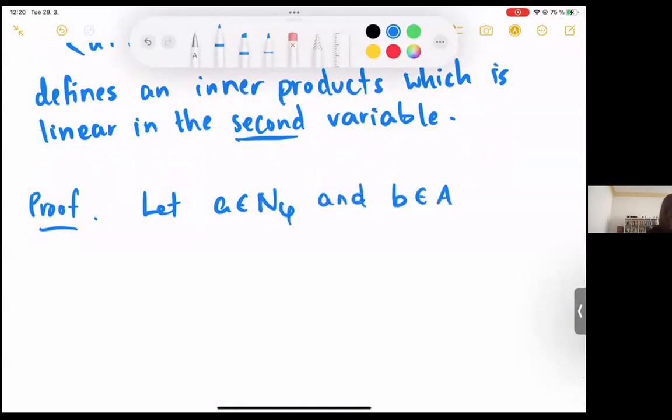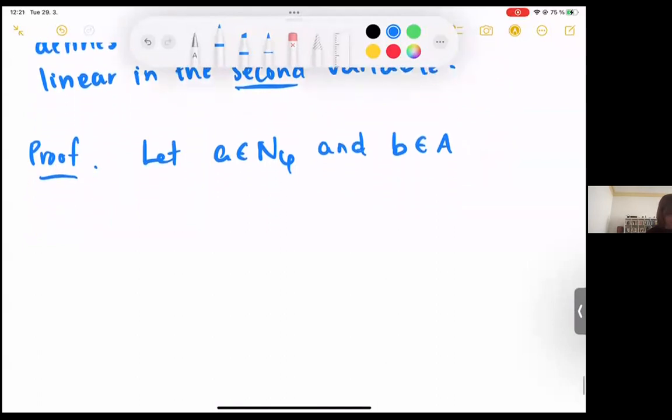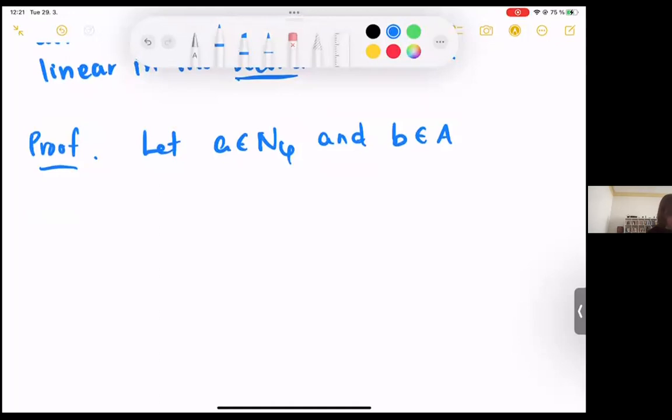So we need to show that for B in A, okay, left ideal, Karen, this should be B times A is also in N phi.